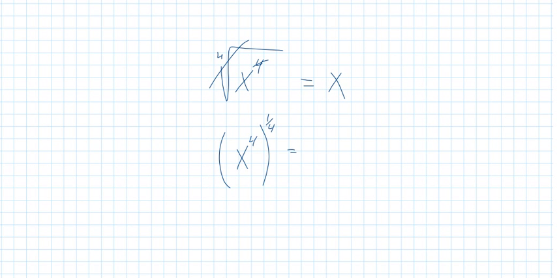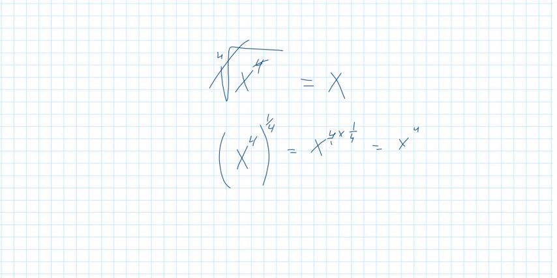Exponent law says when I have power to the power, I multiply the power. If you haven't learned yesterday's lesson, you're going to be using it. Okay? Whenever I have power to the power, I multiply my exponent. So that's going to be 4 times 1/4. What is 4 times 1/4? 4 times a quarter is 1. Right? Because that becomes 4 over 1 times 1 over 4. 4 times 1 is 4. 1 times 4 is 4.